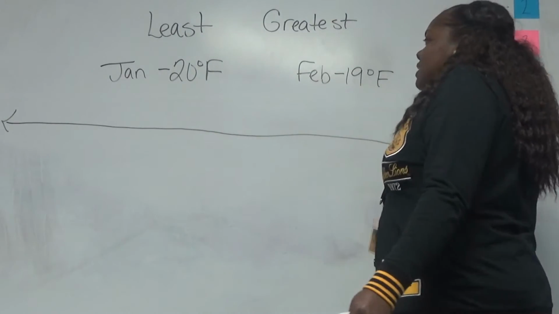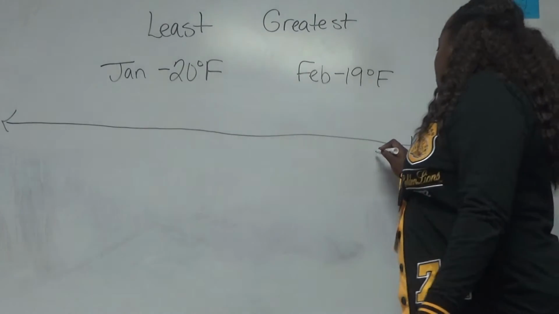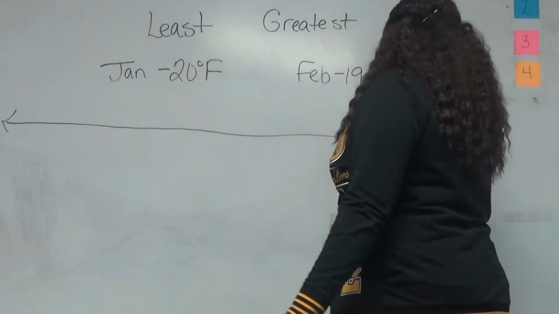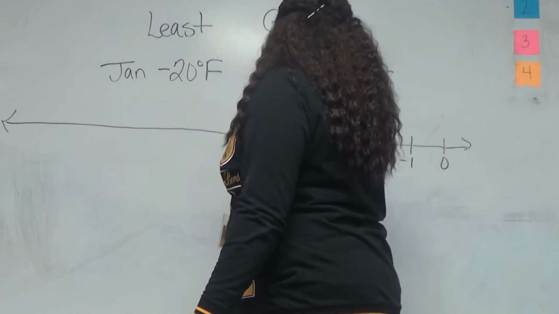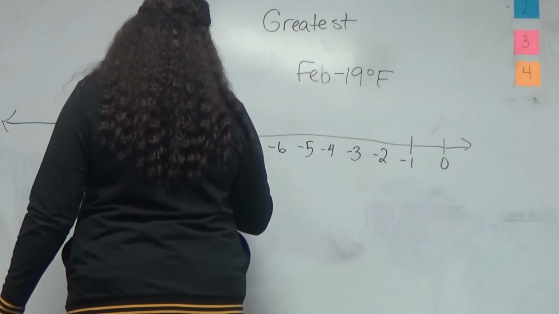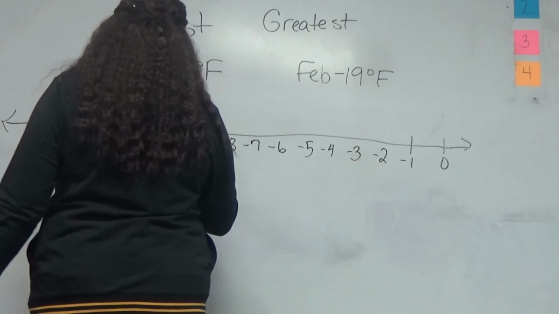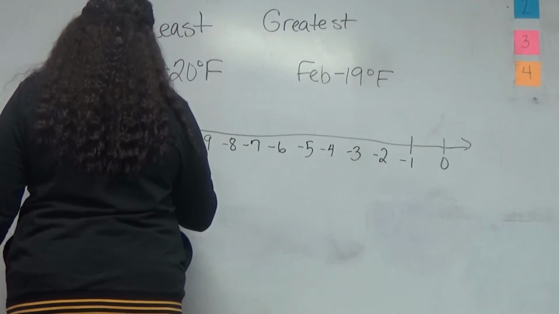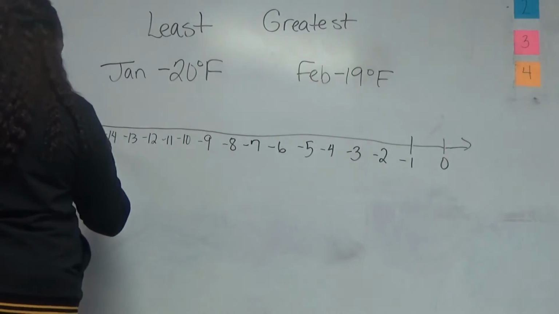You don't necessarily have to start at 1, but I'm going to start at 1 just so that you can see what it looks like. Negative 5, negative 6, negative 7. What can you tell me about the further I get away from 0? What happens, Caleb? The smaller the numbers get. The further I get away from 0, the smaller the numbers get.